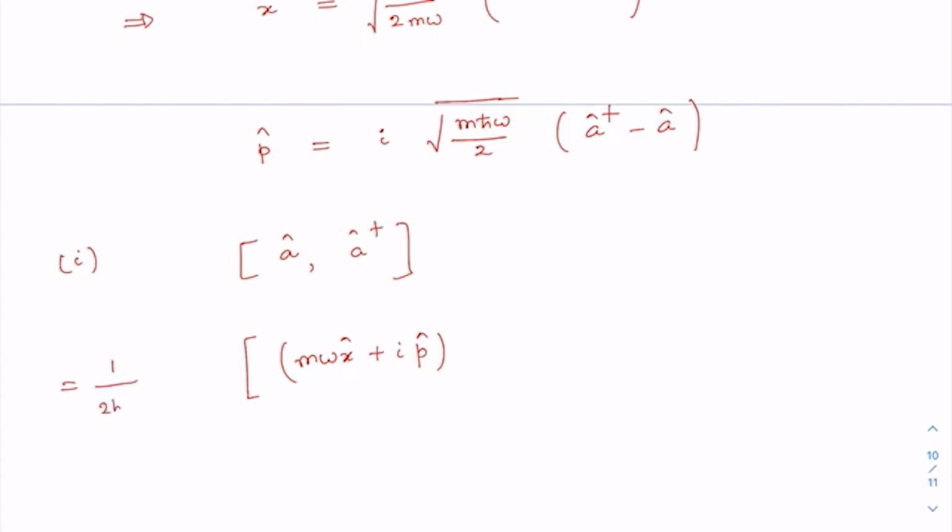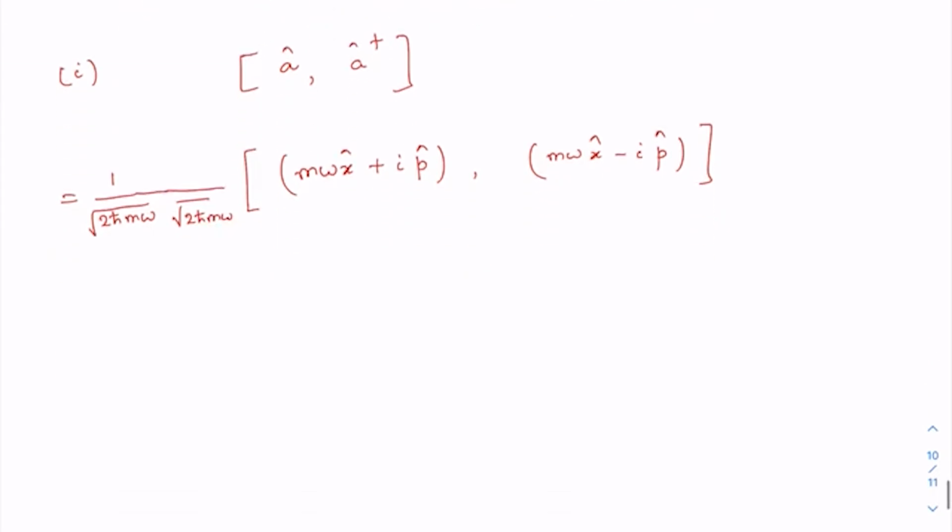Here I have 1 by twice h cross m omega outside, and from A dagger I have (m omega x cap minus ip), and again the factor of twice h cross m omega, let me take it out. So therefore I will have 1 divided by twice h cross m omega (m omega x cap plus ip)(m omega x cap minus ip).